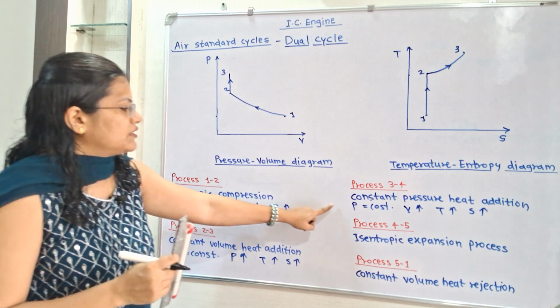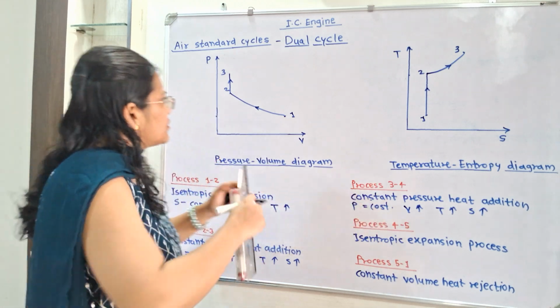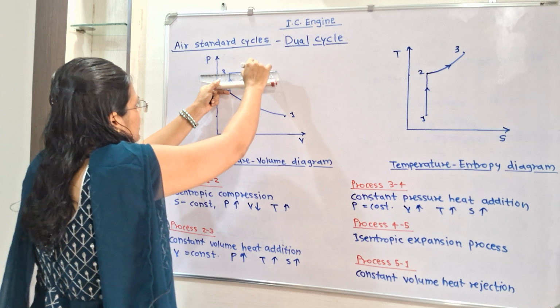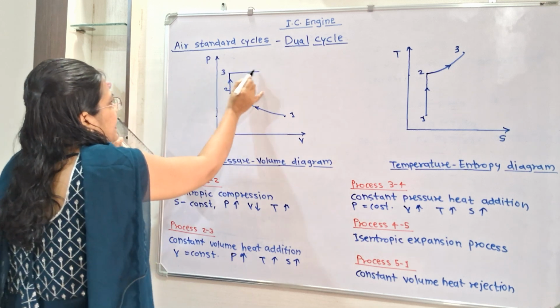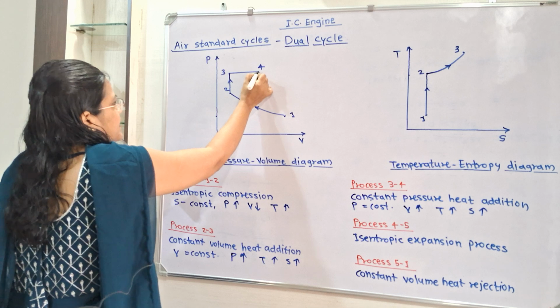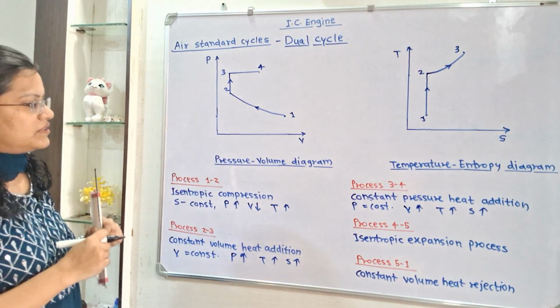So we will show this. Now pressure remains constant, volume increases. So I will show here a straight horizontal line so that pressure at point 3 and pressure at point 4 remain constant.